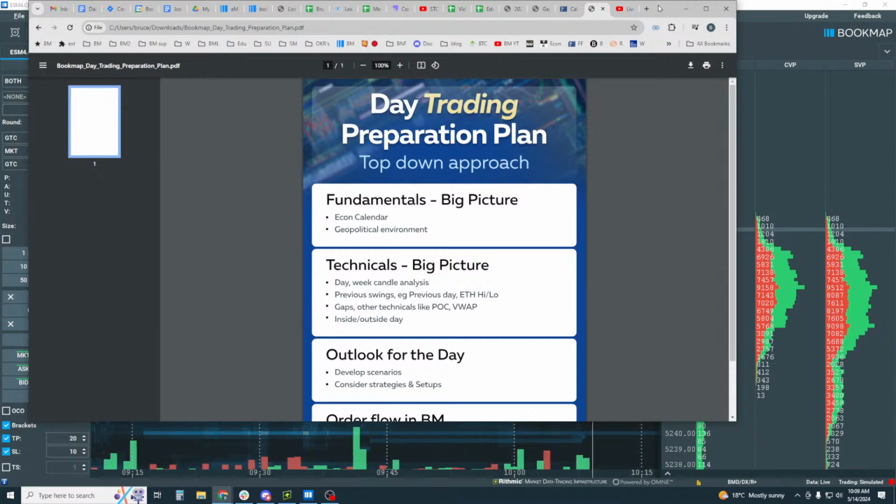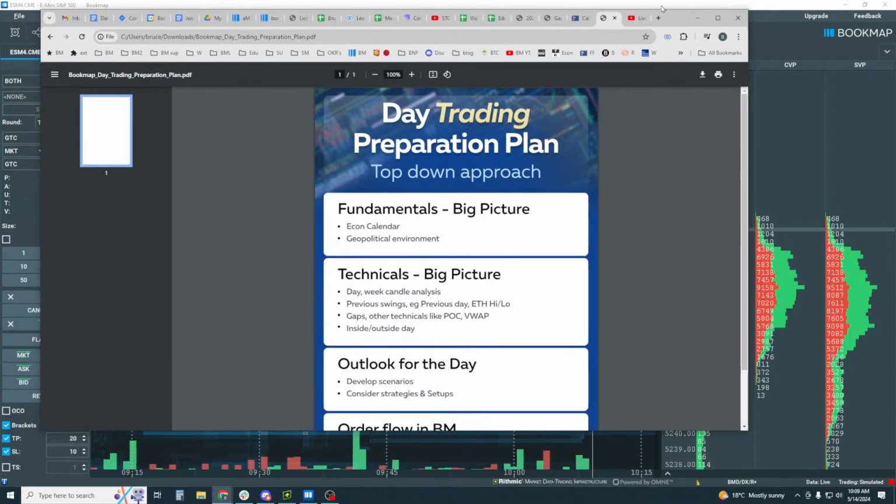So we also have right now Powell speaking. We have the chairman speaking right now. The market is going to react to what he says, and we're going to see some volatility in here. That is one of the most difficult economic events to cover.